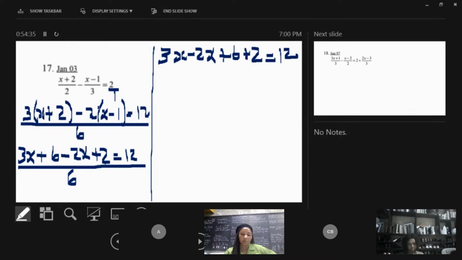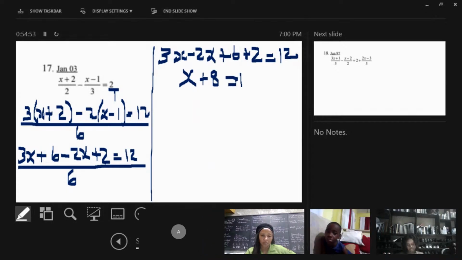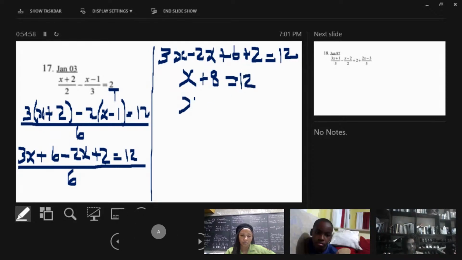The 3x minus 2x is x, and the 6 plus the 2 is 8. So 8 is equal to 12, so x is equal to 12 minus 8, and that's 4.